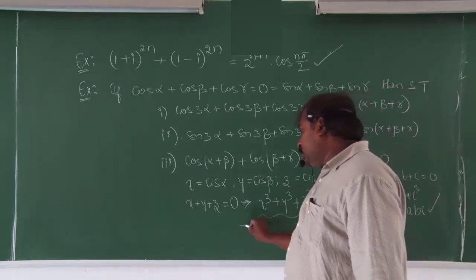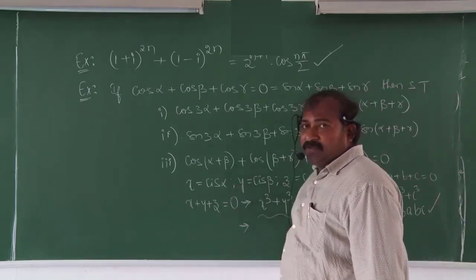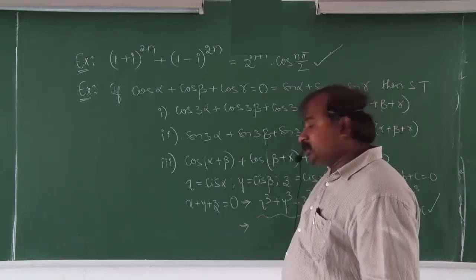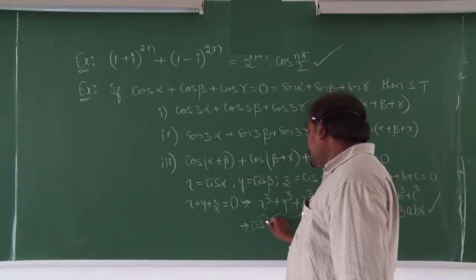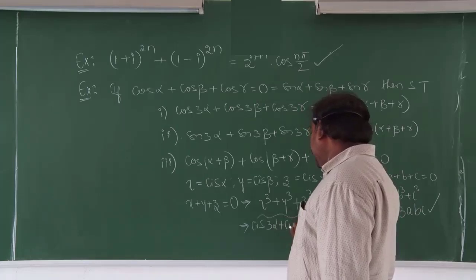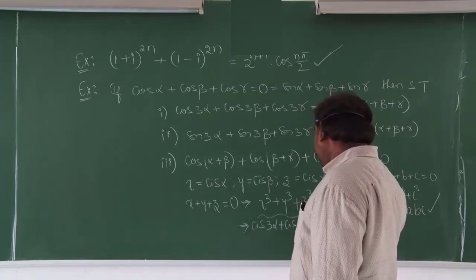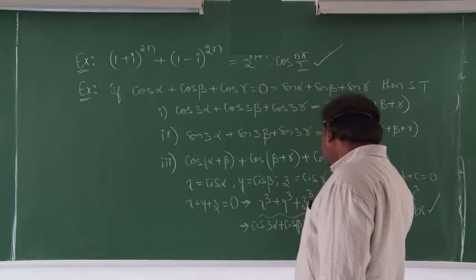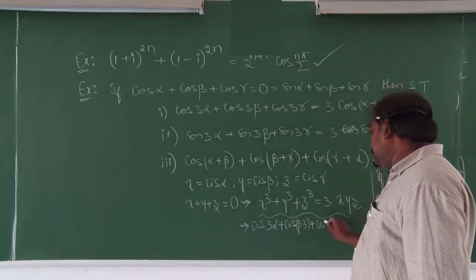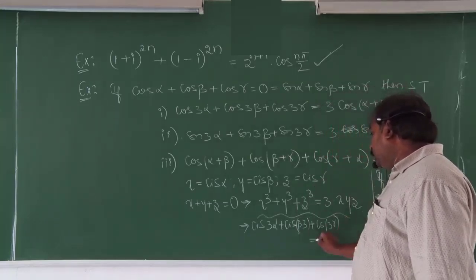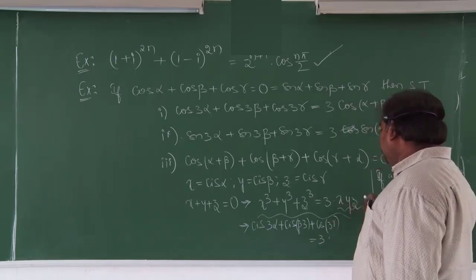Then x cube, what is the x value? Cis alpha. x cube means cis 3 alpha. Cis 3 alpha plus cis 3 beta plus cis 3 gamma equal to 3 into xyz.